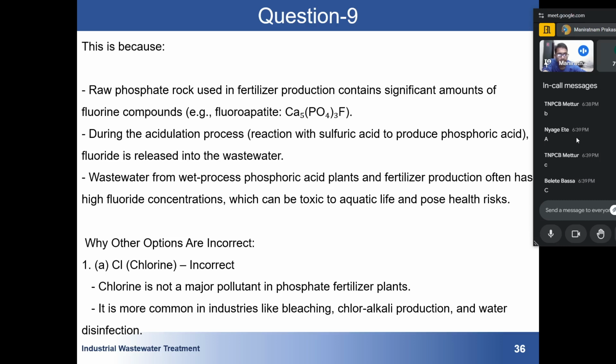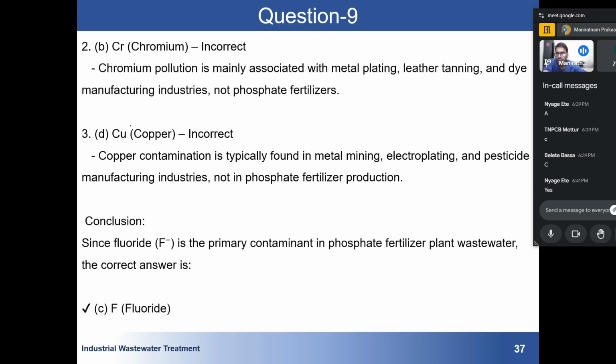The one who has answered A, no. Fluoride can be toxic to aquatic life, and to humans also. Now, chlorine is incorrect. Chlorine is not a major pollutant in a phosphate fertilizer plant. It is more common in industries like bleaching. Then the other option was chromium.